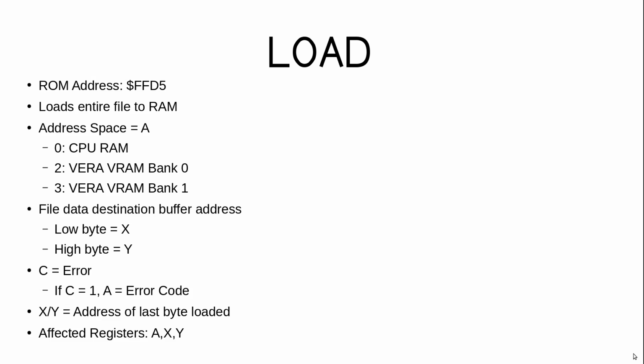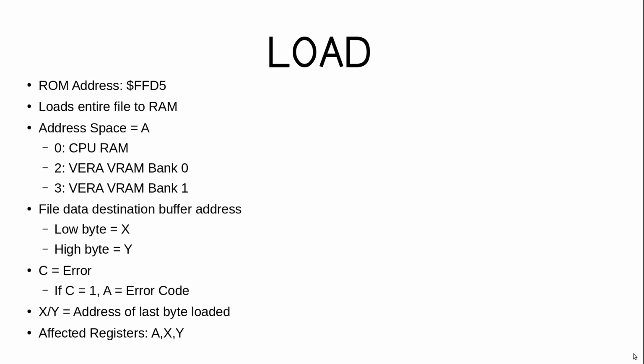A needs to be loaded with 0 to load it into CPU RAM. You can load A with 2 or 3 to load the data into a bank of the Vera video RAM, but we'll see how that works in a later episode. If SA was set to 0 by SETLFS, X and Y need to be loaded with a valid RAM address that can take the entire contents of the file without overwriting anything it shouldn't.